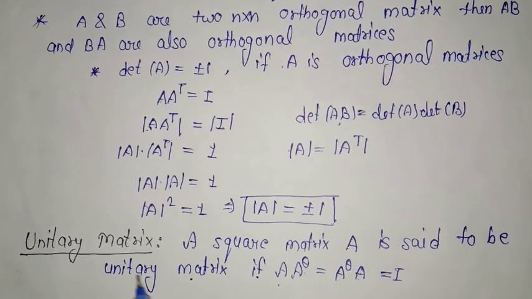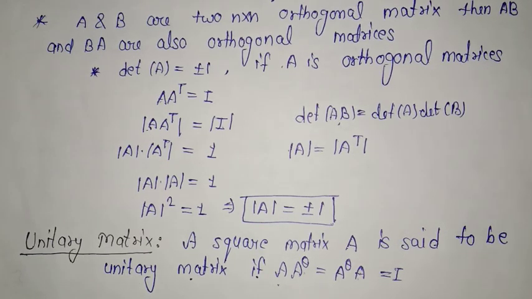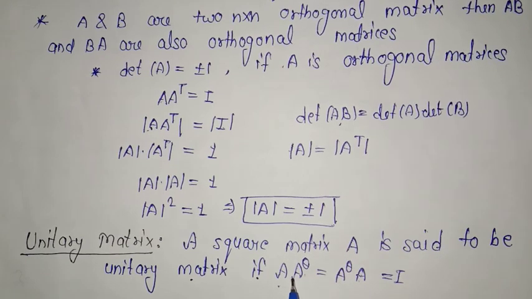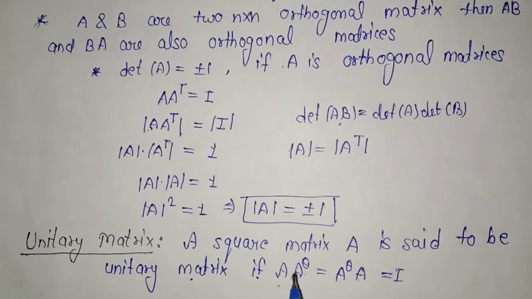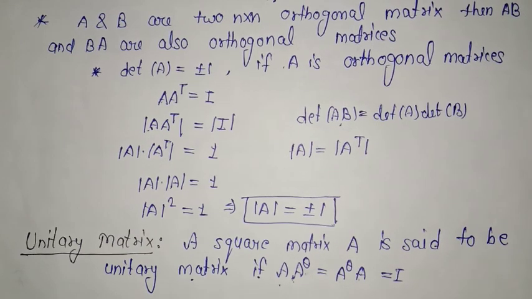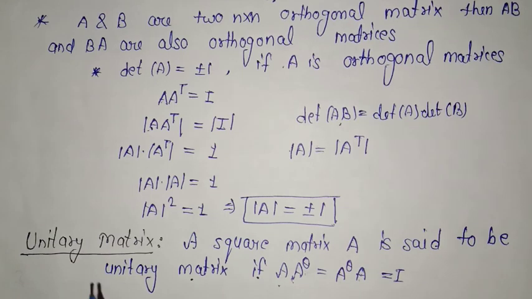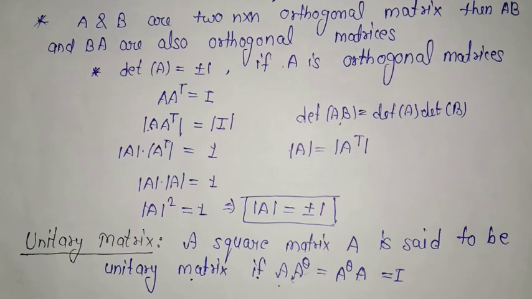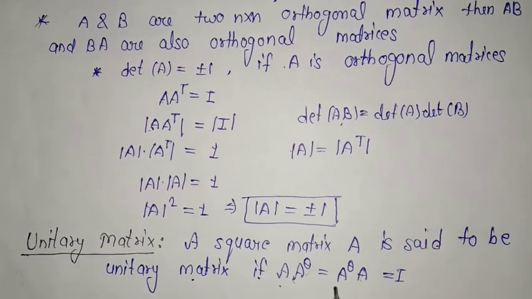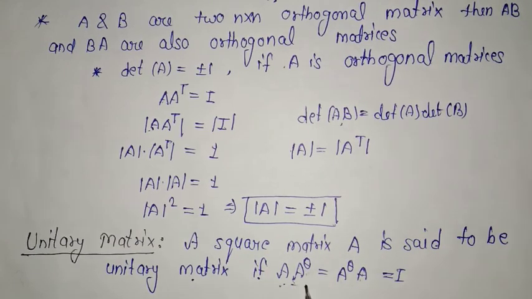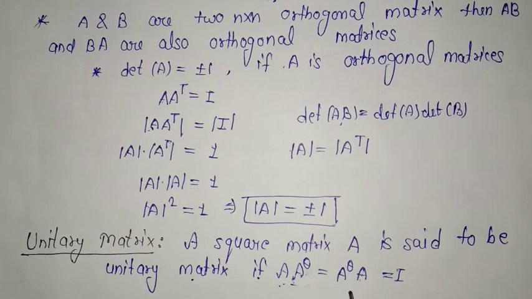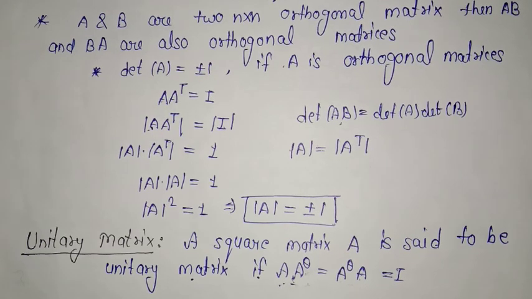The definition of unitary matrix is similar to the orthogonal matrix, but that time we were taking only the transpose, but here we have to take the conjugate transpose of the matrix. But the conditions to check whether the matrix is unitary or orthogonal are different. So in case of unitary matrix, you have only these properties. You have to check them, and then you will find whether the matrix is unitary or not.